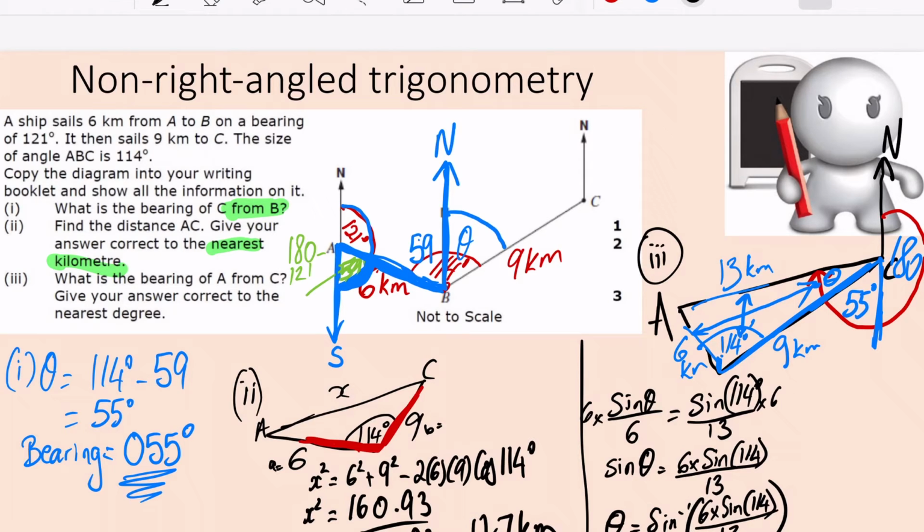So now we need to answer the question, and that is bearing equals, in this case, 180 plus the 55 plus the 26, and that's going to give us a bearing of 261 degrees. That's a 3-digit figure, and that's correct. That's the final answer. So quite a bit of work combining everything that we know in non-right angled trigonometry.